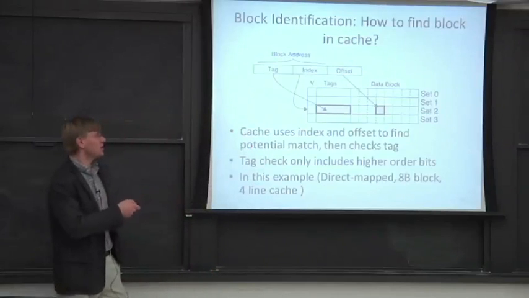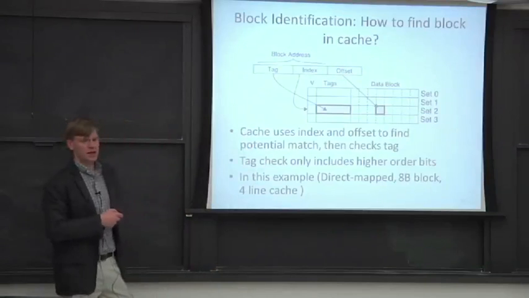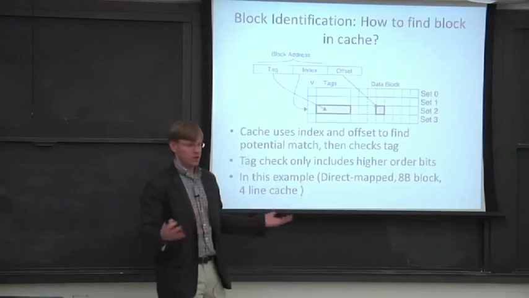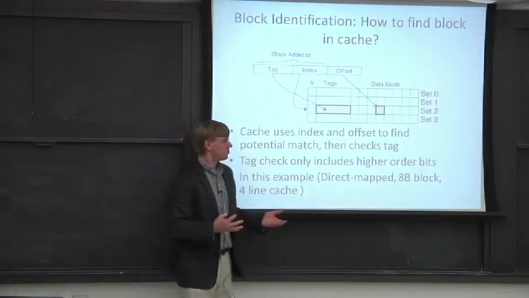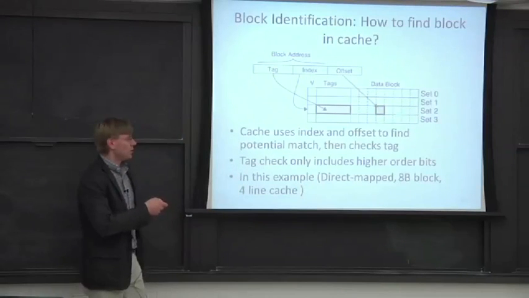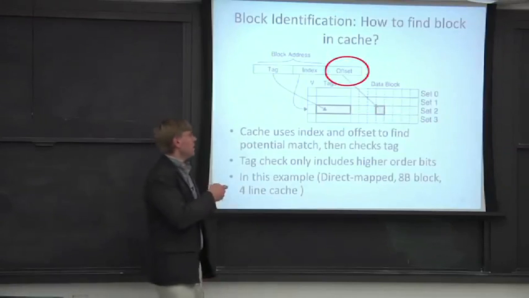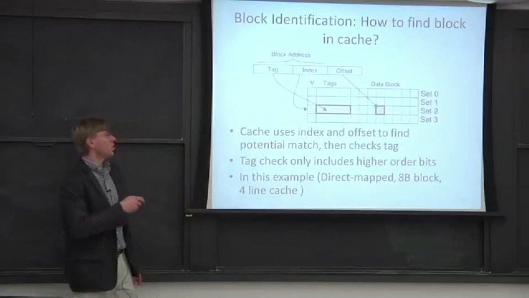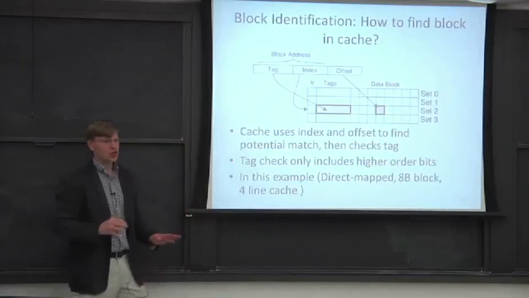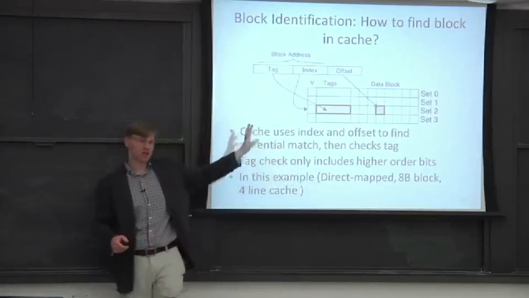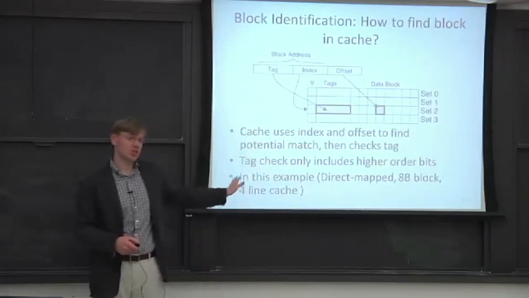Some portion of that address is just going to figure out where in the data block the load or store is going. So if you have, let's say, a 64-byte cache line, or 64-byte data blocks, you're going to index into some subword in there based off the offset bits. Then we start to look at the block address. The traditional way to do this is to use these middle order bits as the index. There are more complicated cache systems which move this around or do much more complicated hashing functions.